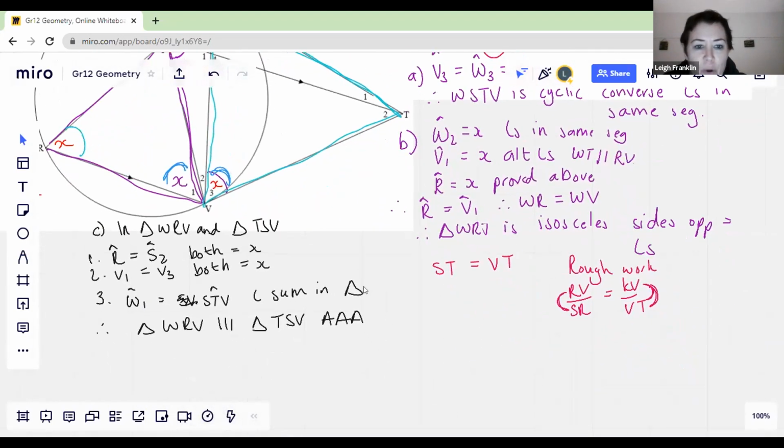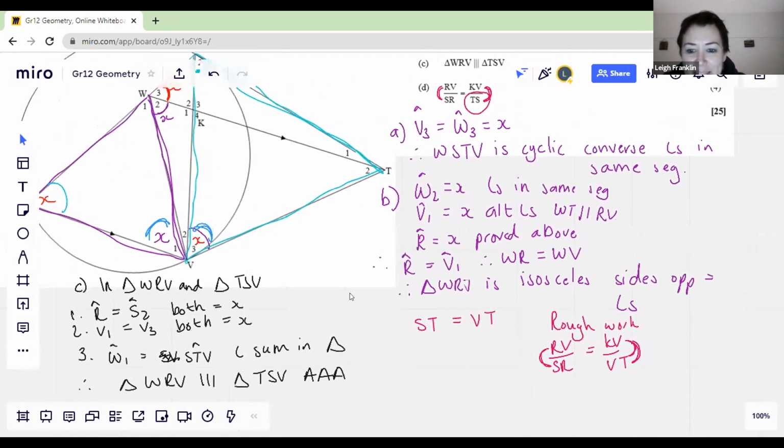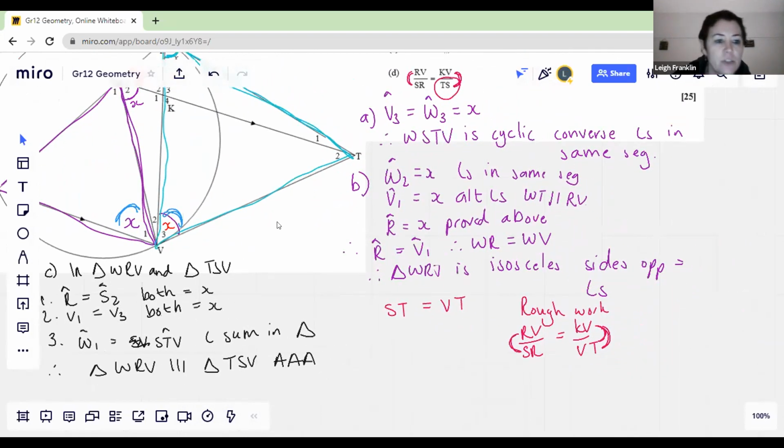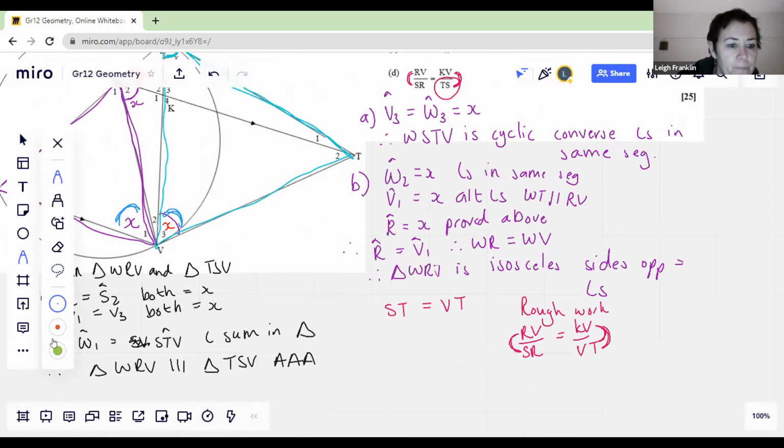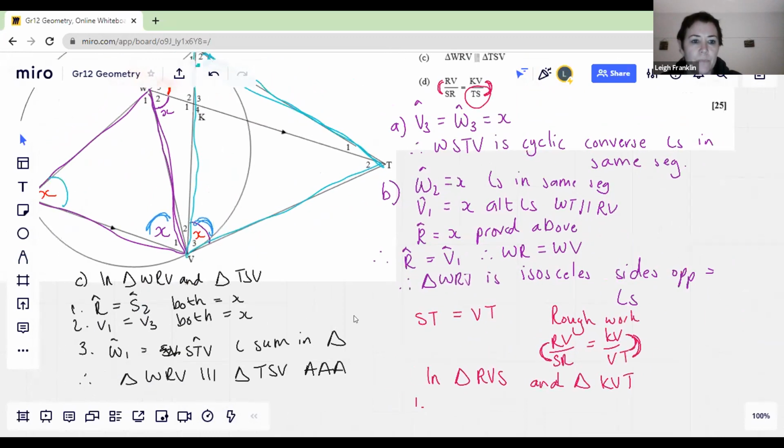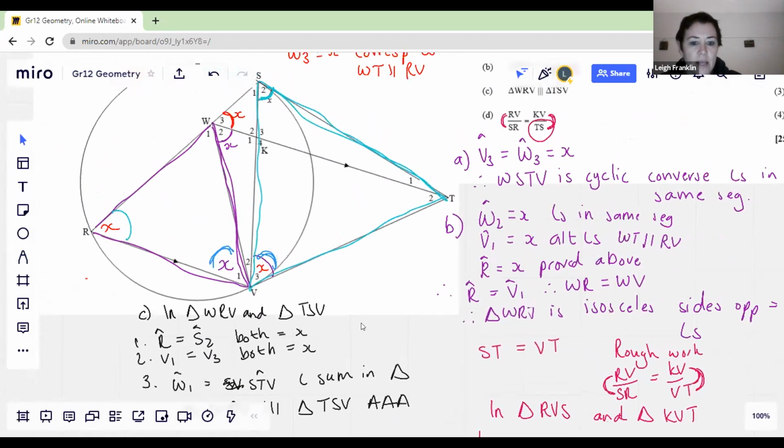Again, I'm sorry, I know I'm rushing a little bit, but to answer this question, this is what we're going to do. In triangle RVS and triangle KVT. So RVS and KVT.